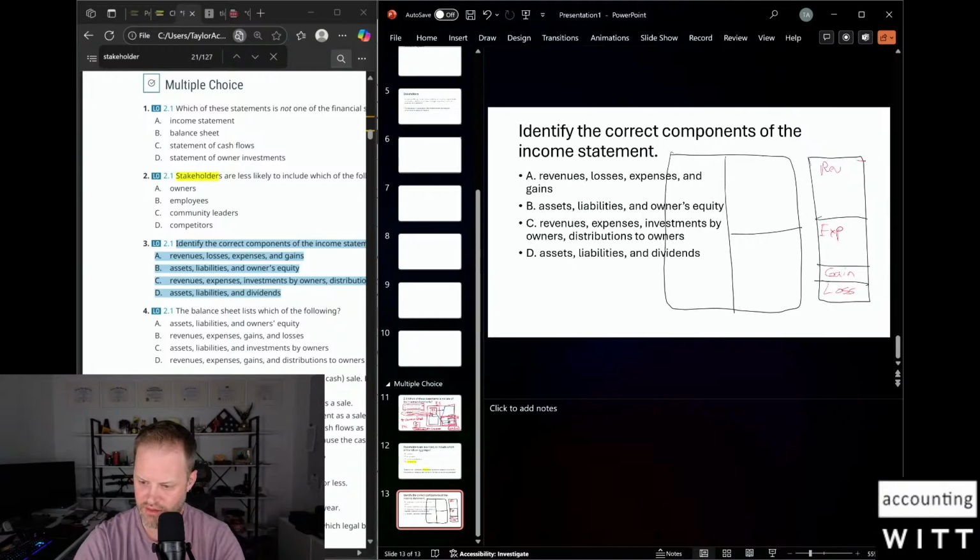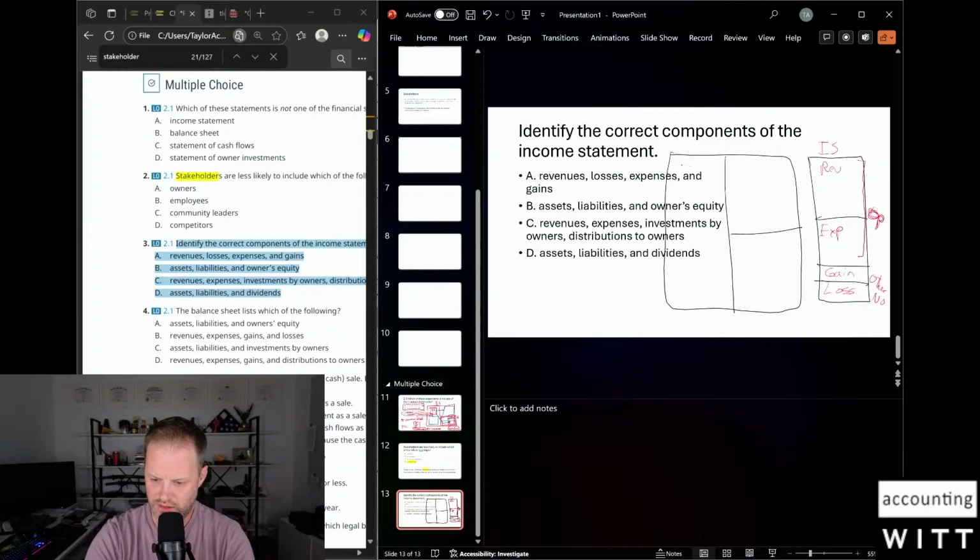Just a quick aside, the reason for that is these are operating and these are other, non-operating. So revenues, losses, expenses, and gains are all part of the income statement.